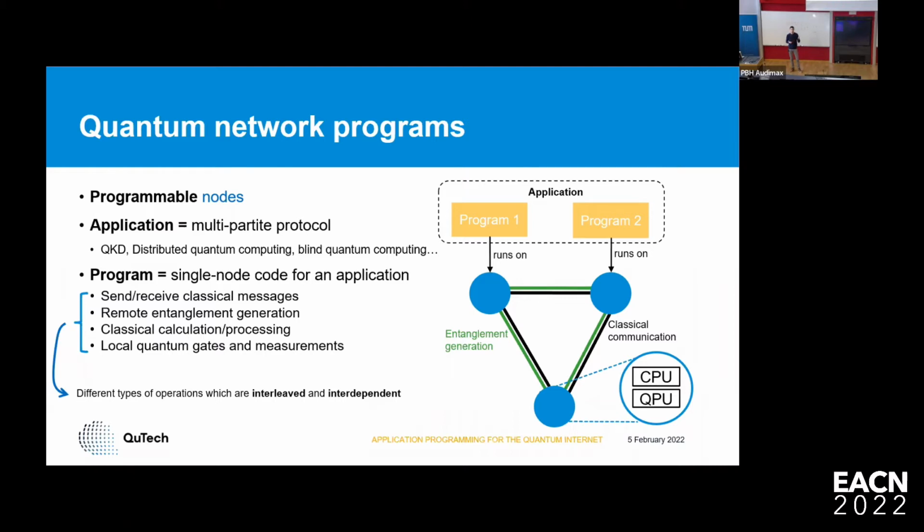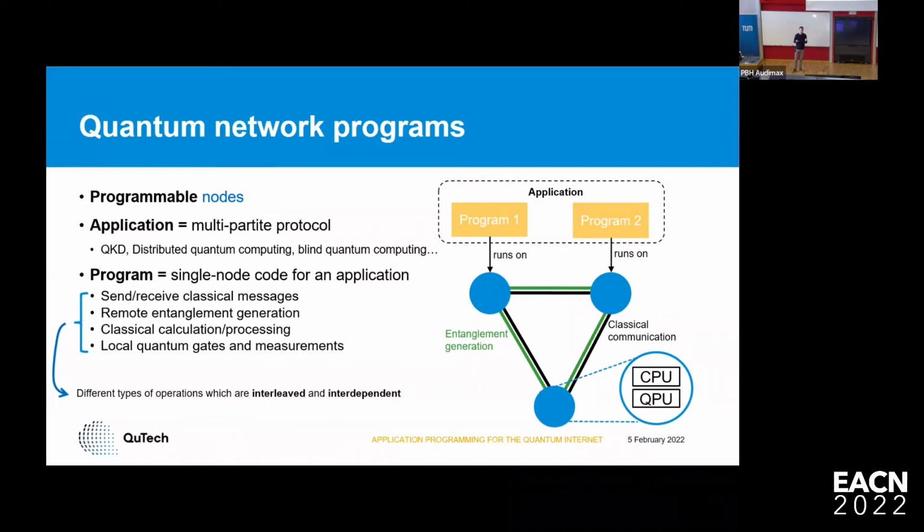These nodes are all connected both by classical communication channels, so they can send messages to each other through the normal internet, basically, but they can also, of course, generate entanglement with each other. An application in such a network is a multipartite protocol like QKD, but it can also be distributed quantum computing or something called blind quantum computing, which is basically a secure delegated computation in a quantum network.